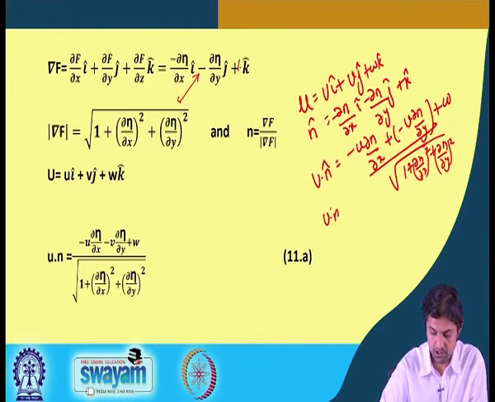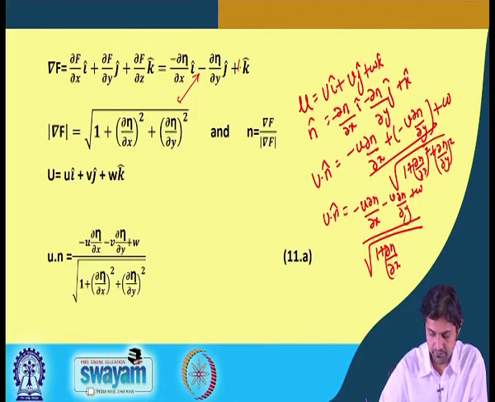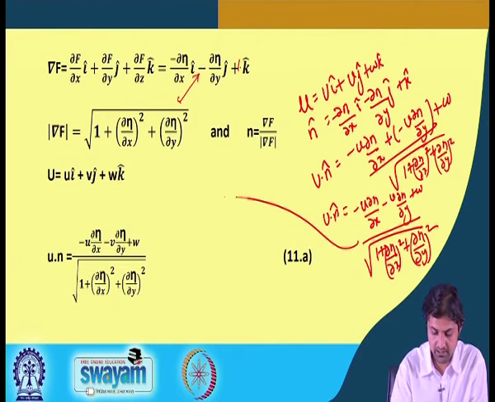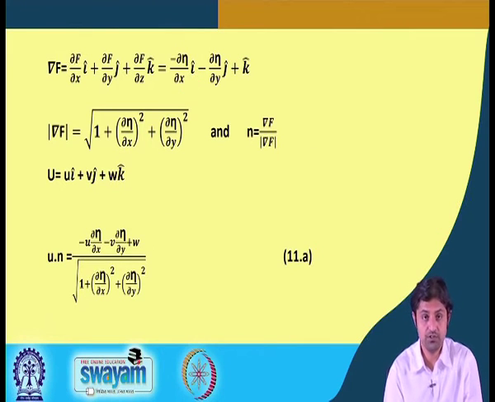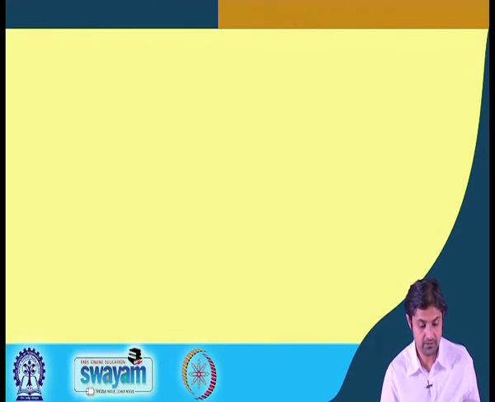So, u dot n is going to be minus u del eta del x minus v del eta del y plus w divided by the denominator. So, this is what we get, u dot n.